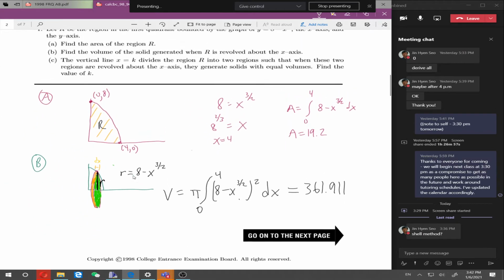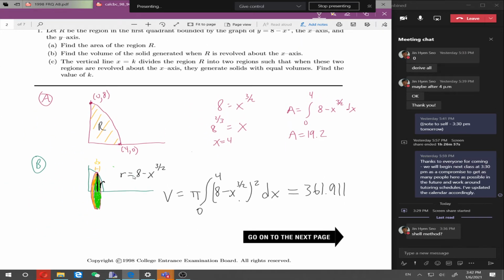And the last one. A vertical line x equals k is dividing the region R into two regions, such that when they are revolved around the x-axis, they generate solids that have equal volumes. I want to find the value of k.